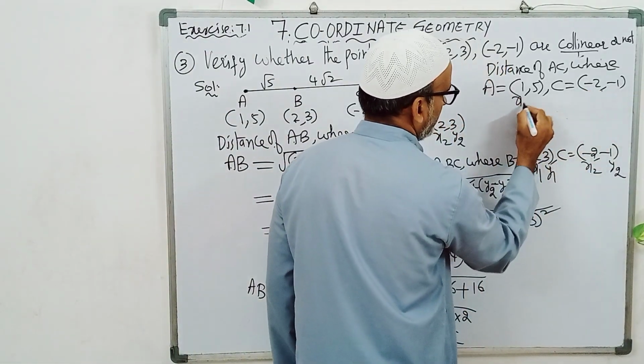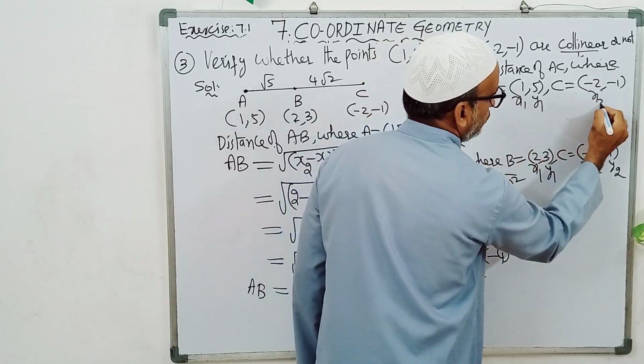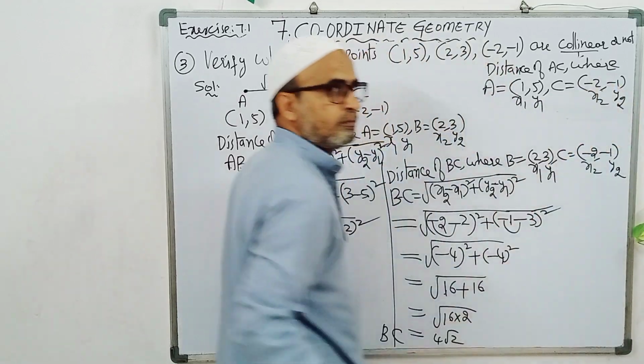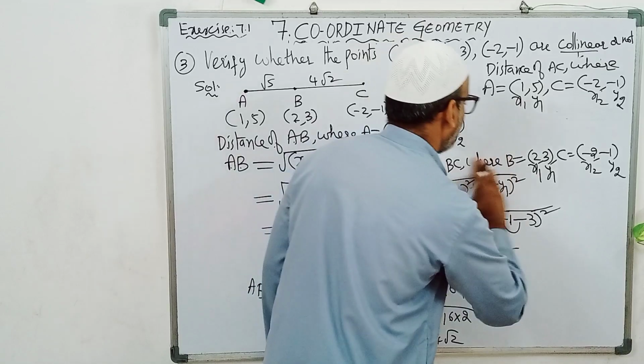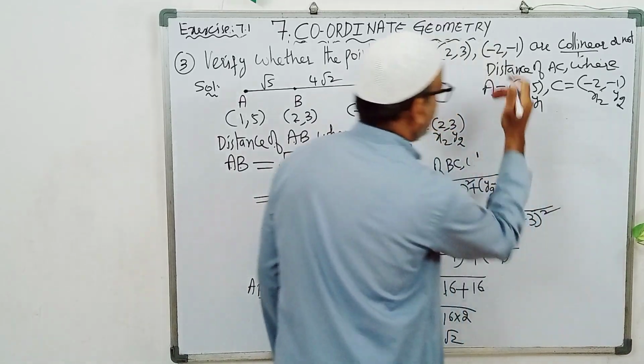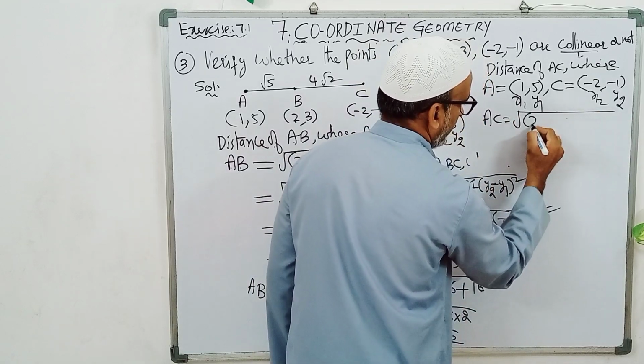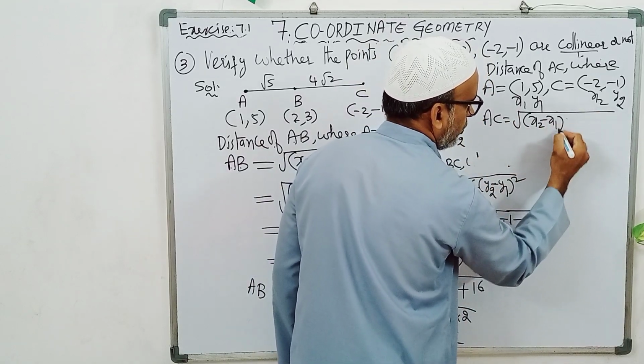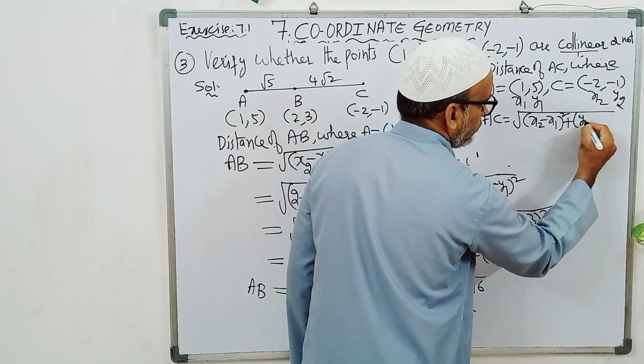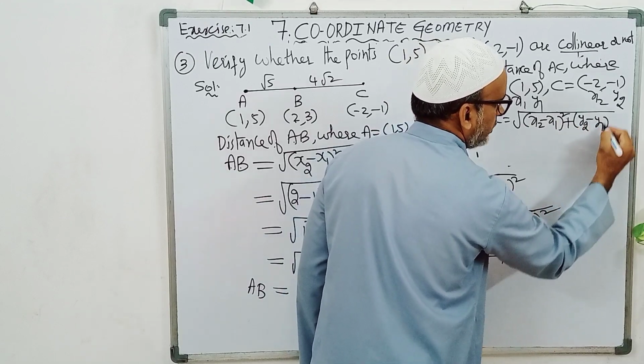This is x1 y1 x2 y2. Okay, now AC is equal to square root of (x2 minus x1) whole square plus (y2 minus y1) whole square.